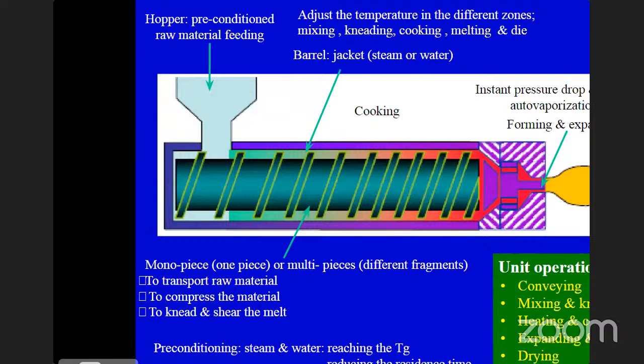The expansion of the melt takes place in the die swell where the pressure drops towards atmospheric pressure, flashing off the steam and expanding the melt. The extrudate is then cut to desired lengths with blades at the output of the extruder.